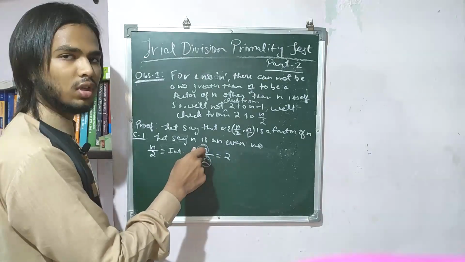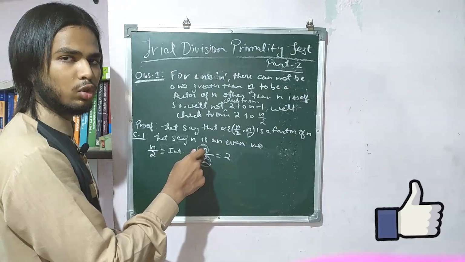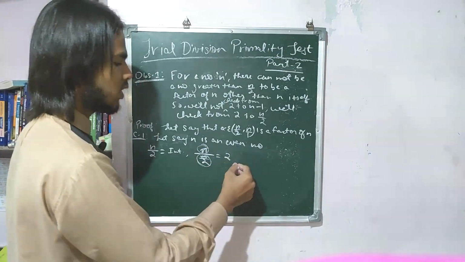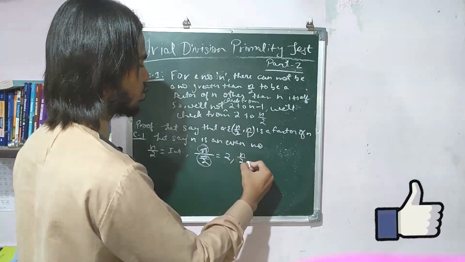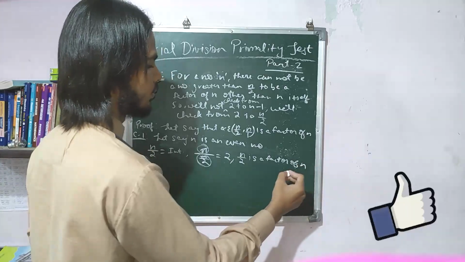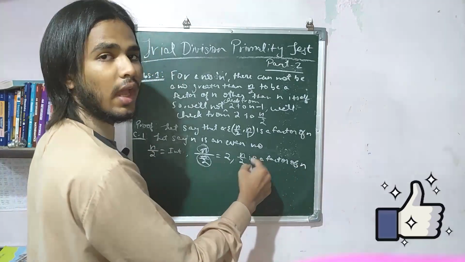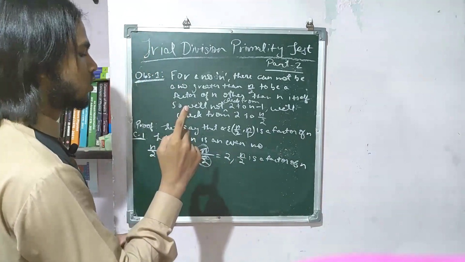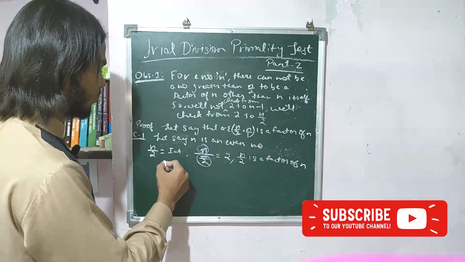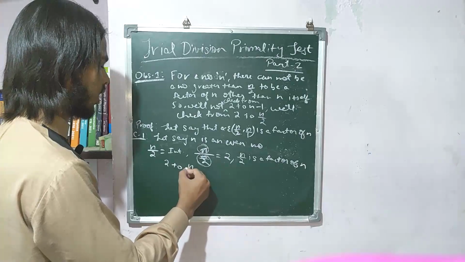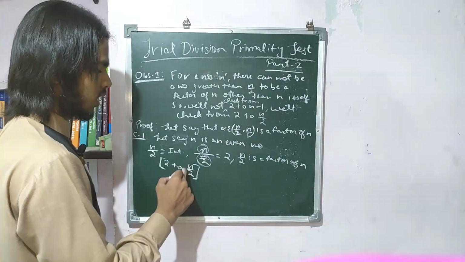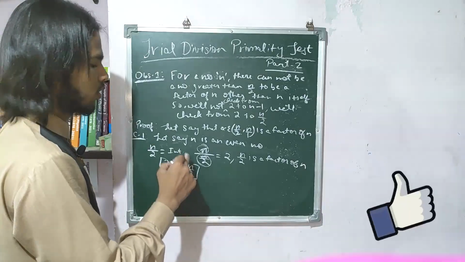In this case, both conditions are true, and the quotient is also some integer. So that means n by 2 is a factor of n whenever n is an even number. So when n is an even number, we'll check from 2 to n by 2, both including, because n by 2 is also a factor of n.